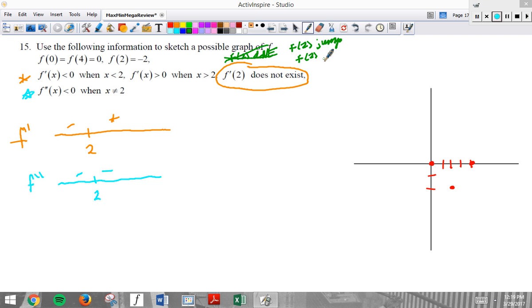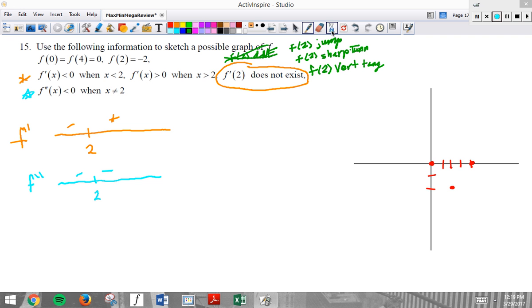And then the more reasonable things are sharp turn, or a vertical tangent. I guess it could be possible that f of 2 is a hole with its dot somewhere else.